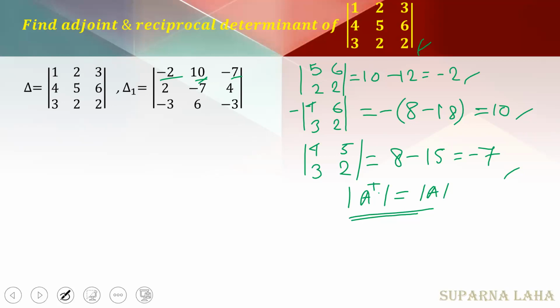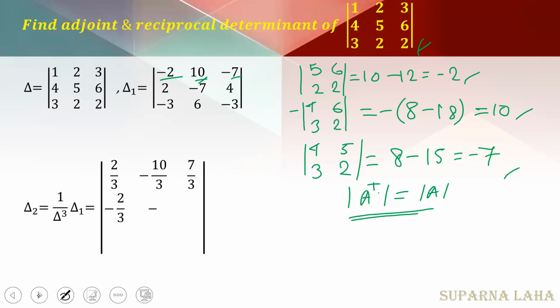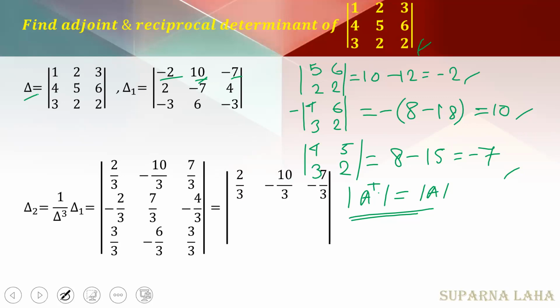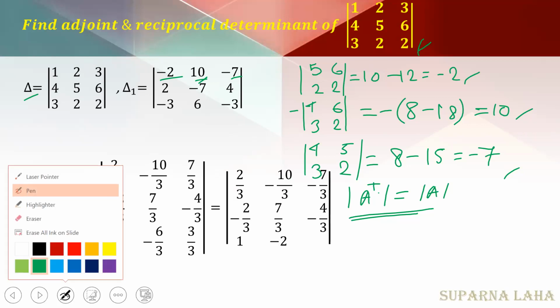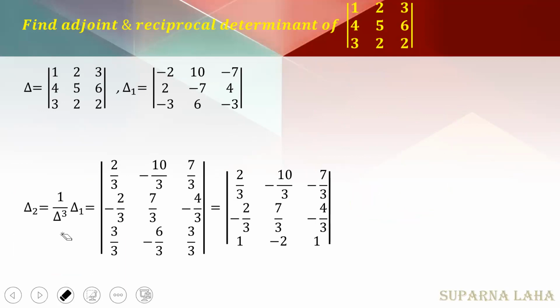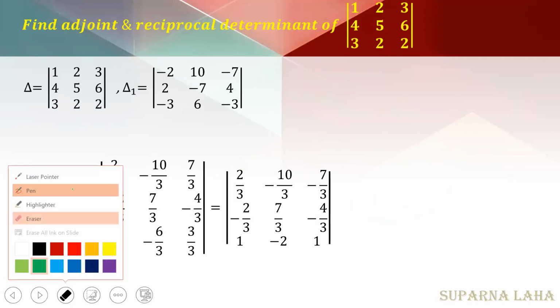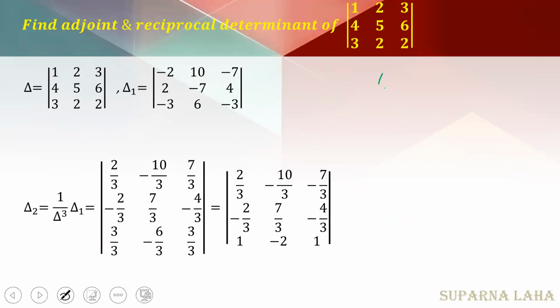Now you need to find this reciprocal. That will be 1 by the determinant of this, that is delta cube into delta 1. So first you need to find this delta. What is delta? You need to find this determinant value. Just multiply this row with this row, according to the property of cofactors.